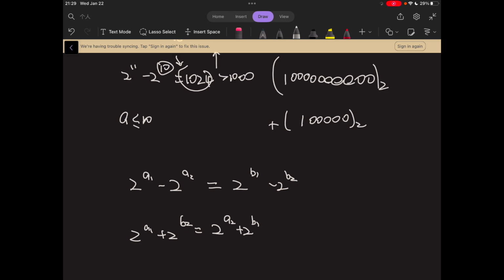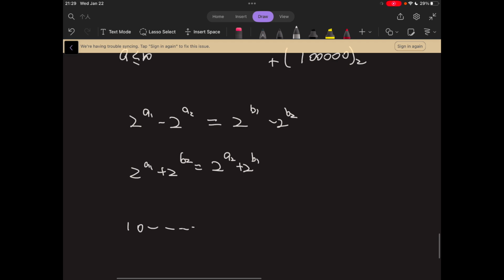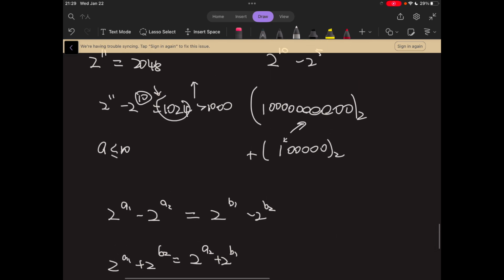Because they are all different, they are all integral powers of 2, it's going to be some kind of 1 0 0 0 0, and it's not going to have any carry or plus 1 or something. It's not going to go up to 2. It's just going to be 1, some zeros, and then 1, some zeros. Something like that.